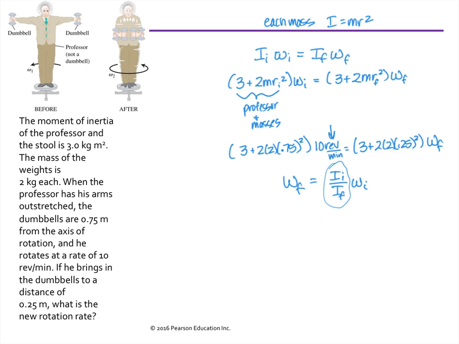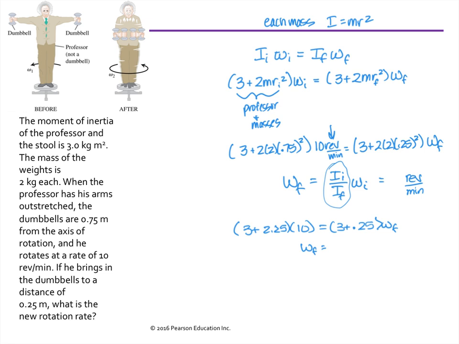So I don't have to worry so much about what kind of units omega is in, because it will retain its units, and whatever we get will be in revolutions per minute. If you aren't so sure about that, you can just do the conversion into radians per second, find the final omega in radians per second. You could convert it to revolutions per minute and see that you'll get the same answer as I get here.